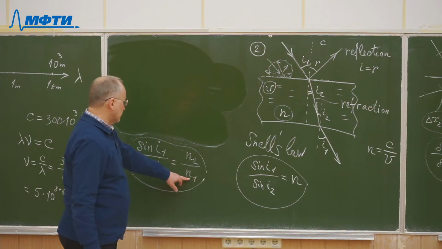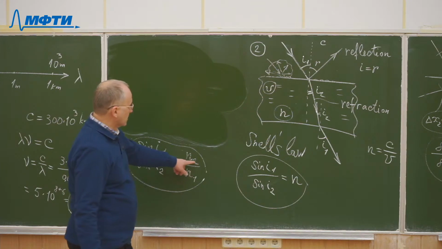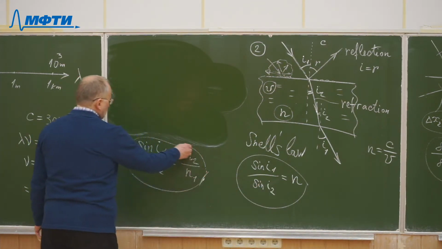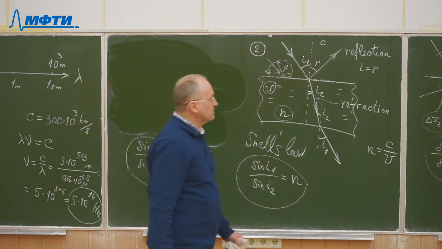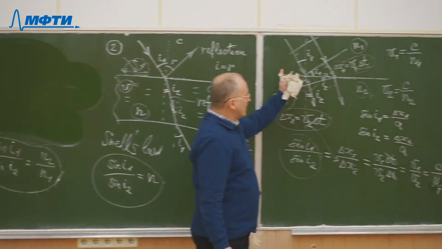If n1 equals unity, then you will have just the refraction index of the second medium, which is written here.